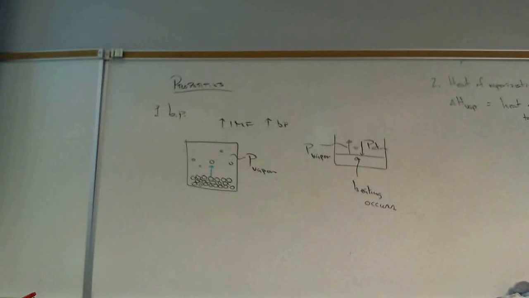Normally it's in kilojoules per mole. And so the stronger the IMFs, the higher the delta H of vaporization. Water has a fairly high delta H of vaporization.